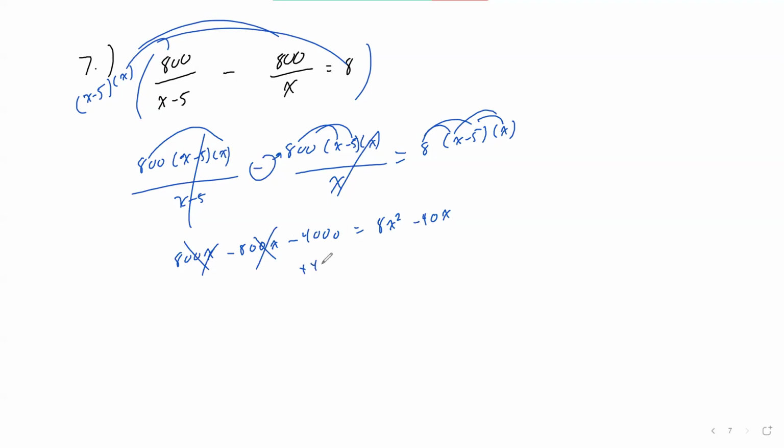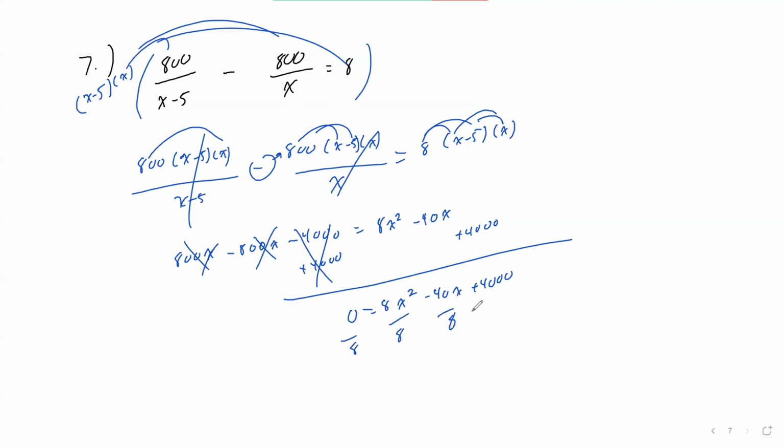So then I'm just going to move the 4,000 over because I don't want to have to deal with negatives. And so here, I believe everything can be divisible by 8. So 4,000 divided by 8 is 500.